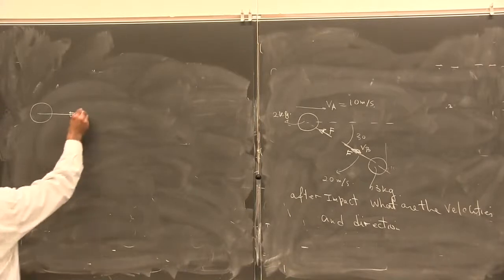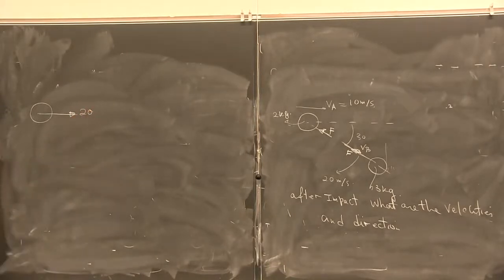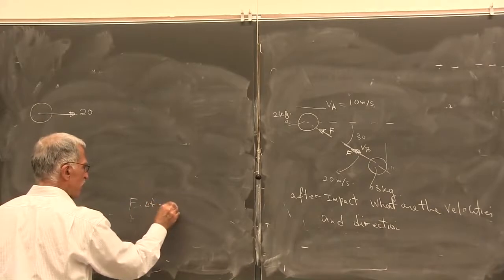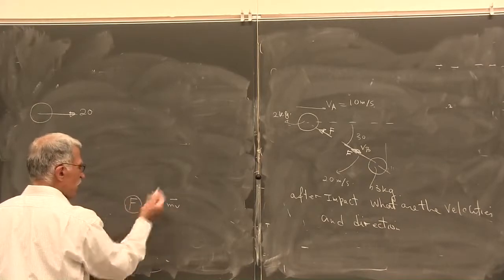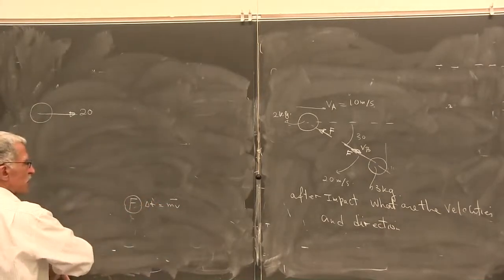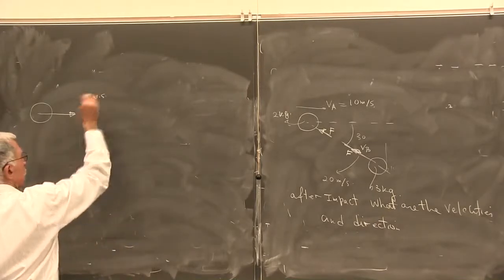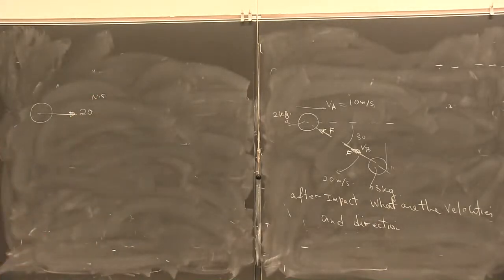So that's 20, and the unit is kilogram meter per second, which we can convert to Newton second, since F delta t is equal to mv. The unit is Newton second. Okay?